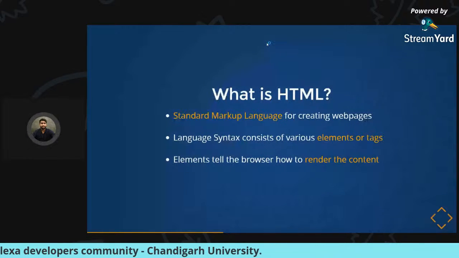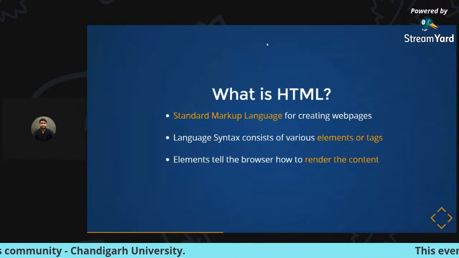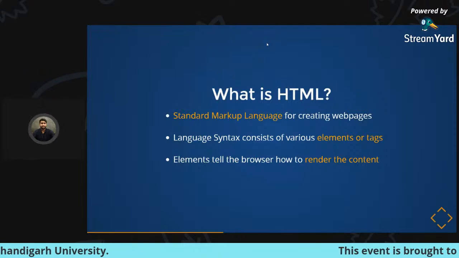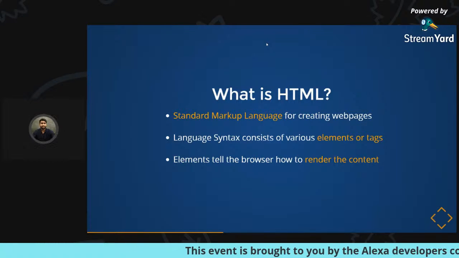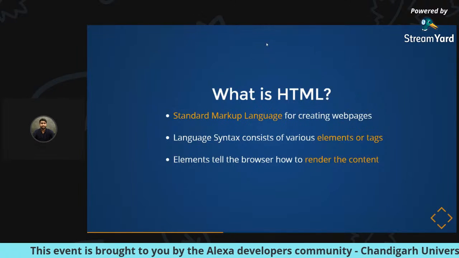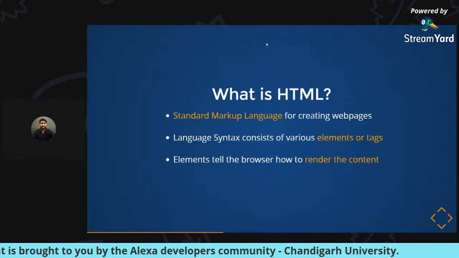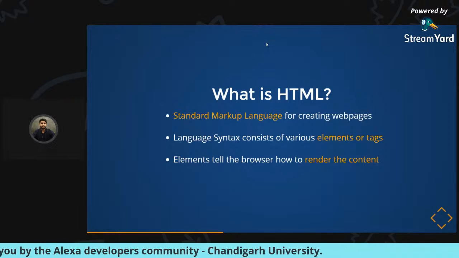So let's talk about the structure part of the website. HTML is the standard language which we use for creating web pages. Means everything, the content, the text we put up on web pages is created with the help of HTML. The language syntax consists of various tags and elements.